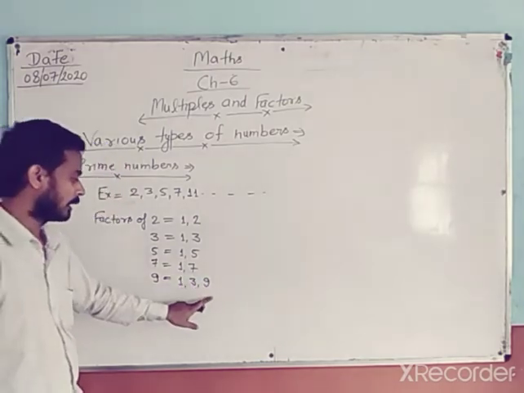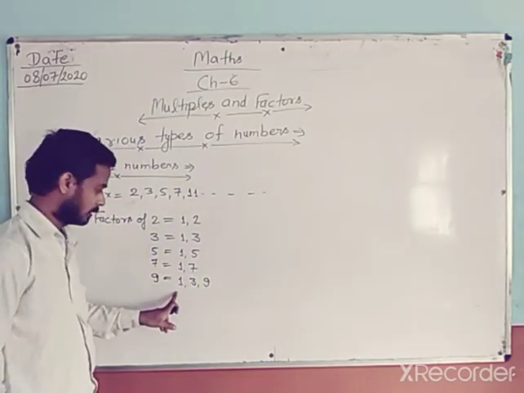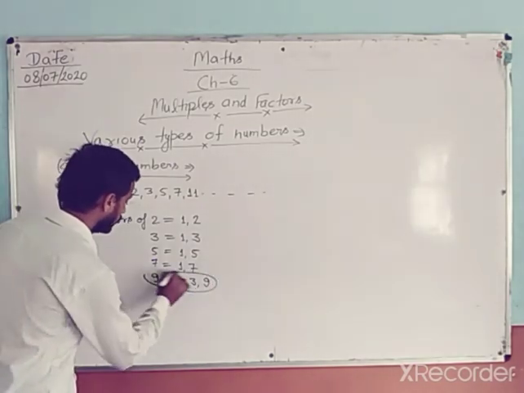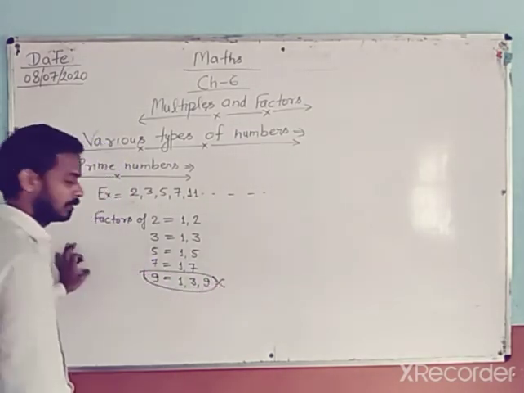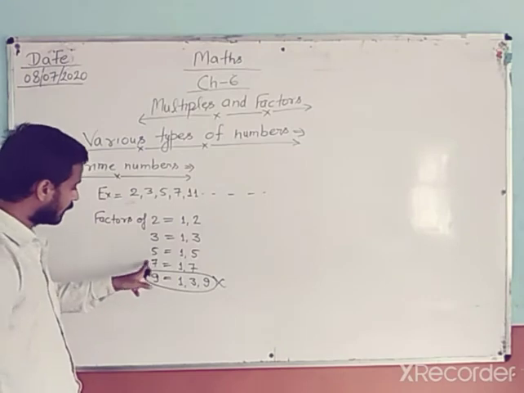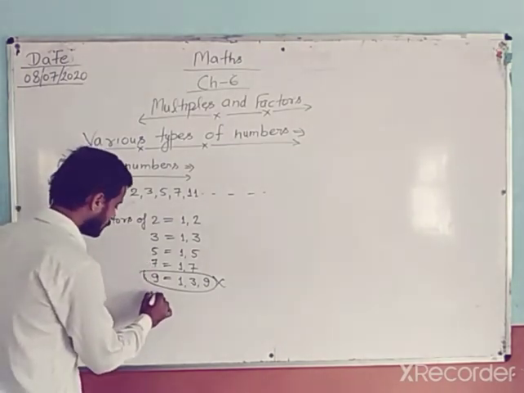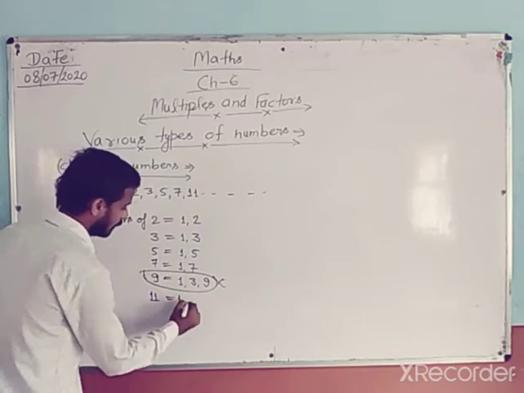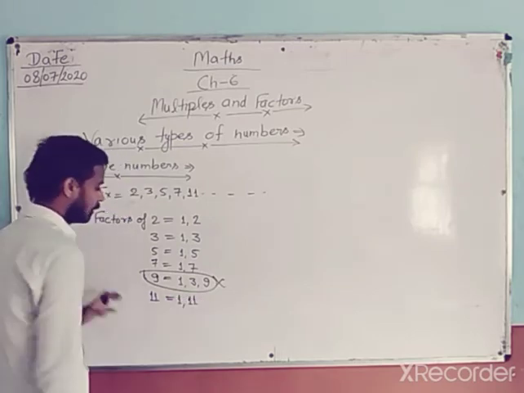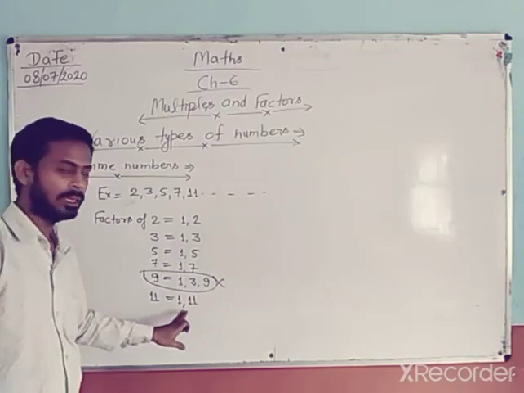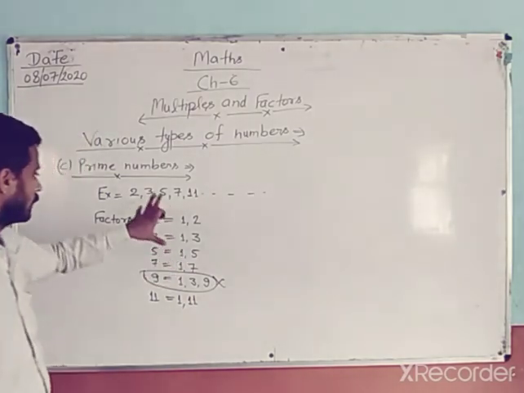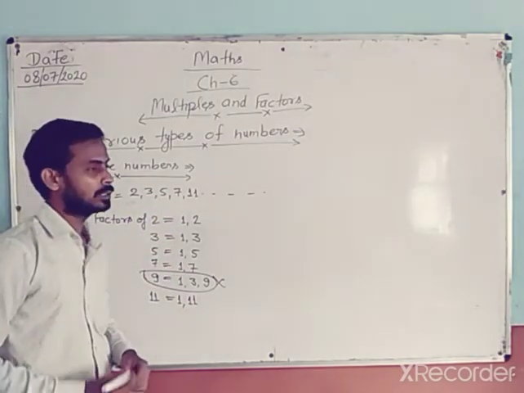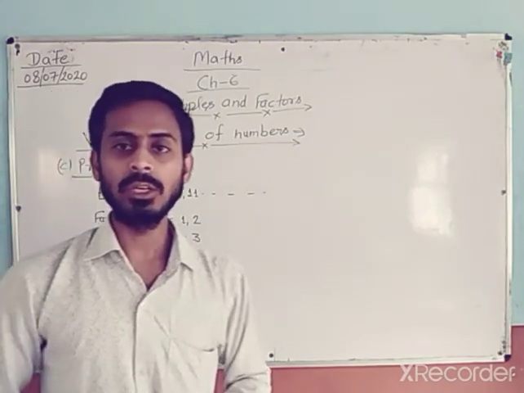It has three factors. That is why 9 is not a prime number. Clear? So directly after 7, the next prime number is 11. So 1 and 11, because 11 has only two factors, 1 and 11 itself. These are called prime numbers if the number has only two factors.